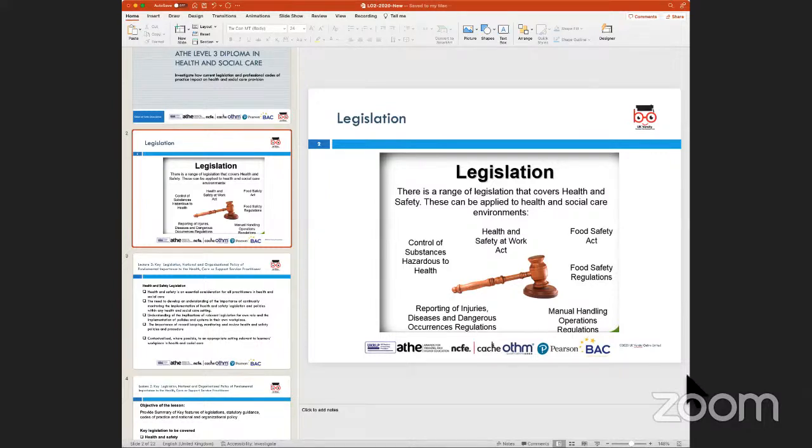Now, when we look at the key bits of legislation in the health and social care sector, this is a slide which I have prepared, which covers some of them in detail.